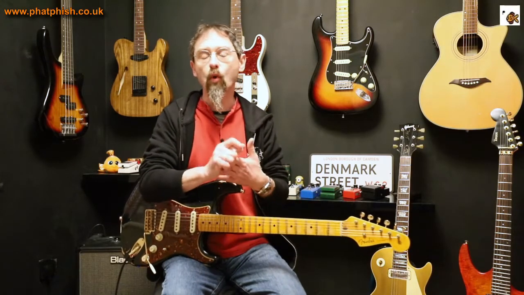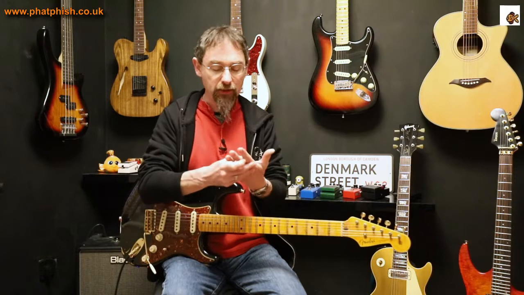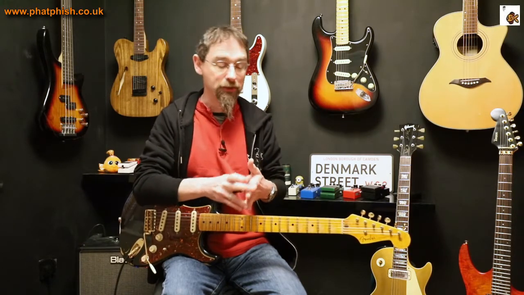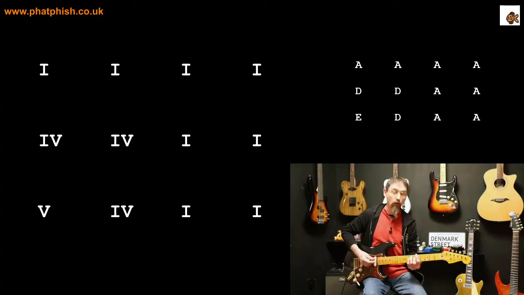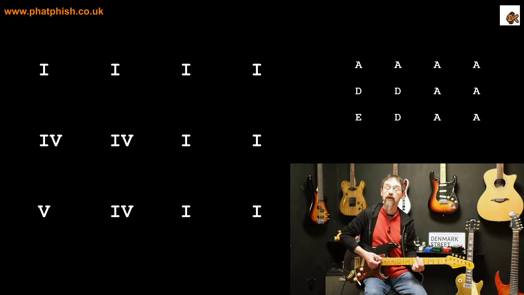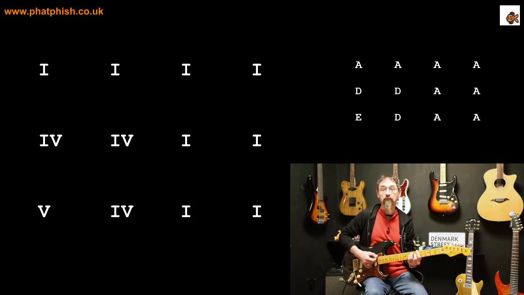Basically it's using the 1, 4 and 5 chords, the fundamental chord sounds of any key. If we're playing in a major key, the 1, 4 and 5 chords are all major chords. In the key of A major, we've got 4 bars of A major, the 1 chord, followed by 2 bars of D major, the 4 chord, then 2 bars of A major again.